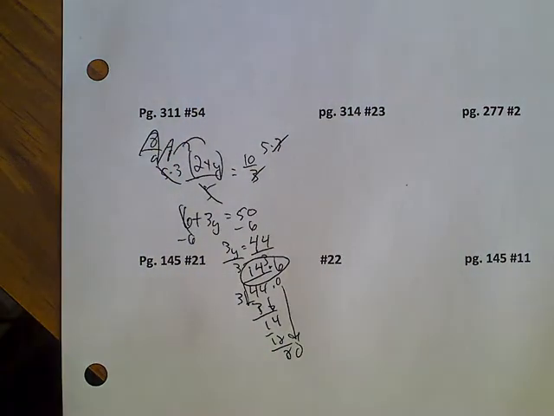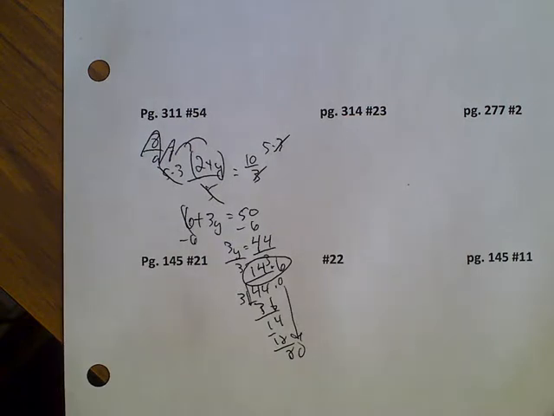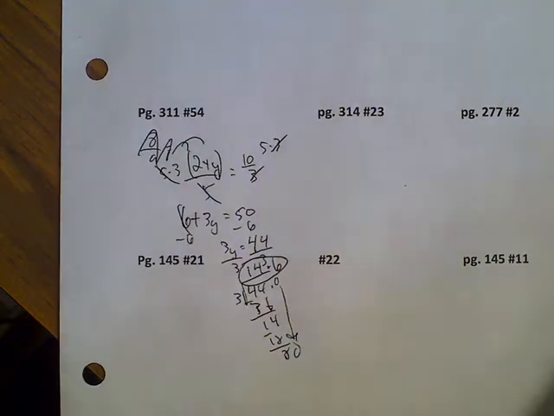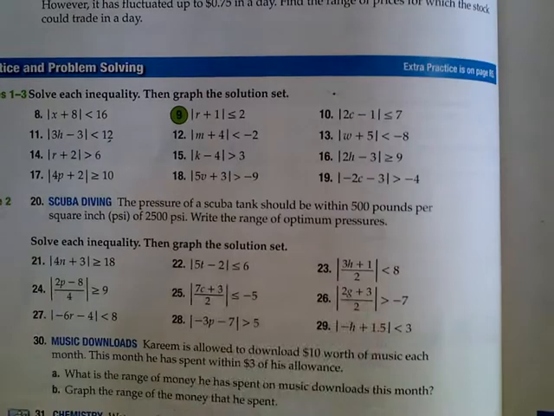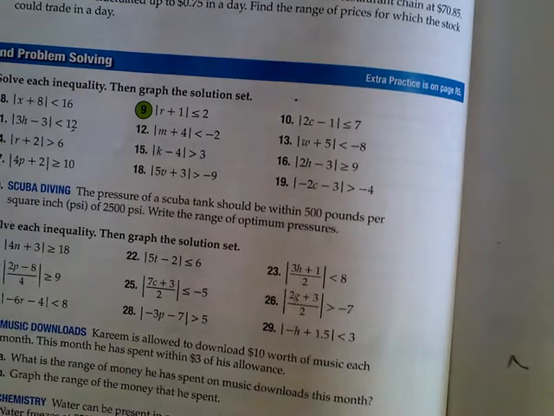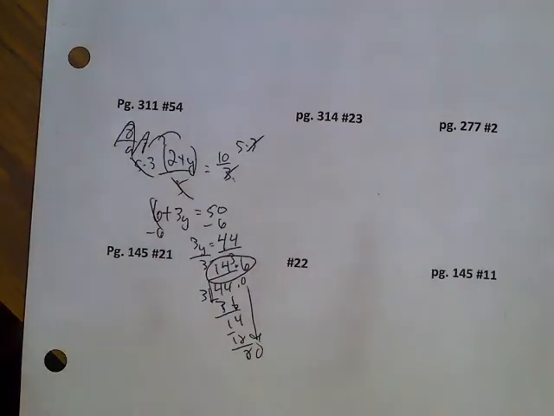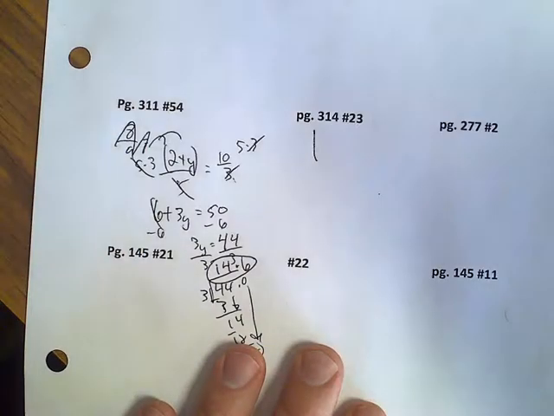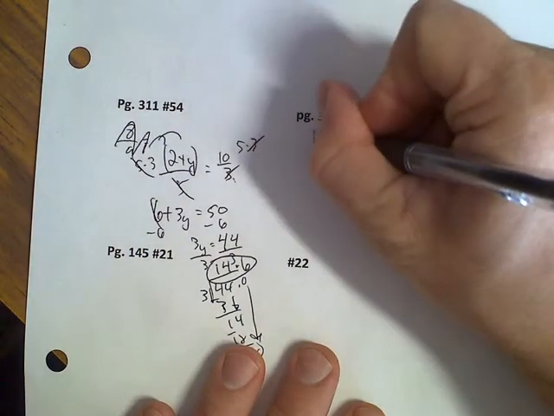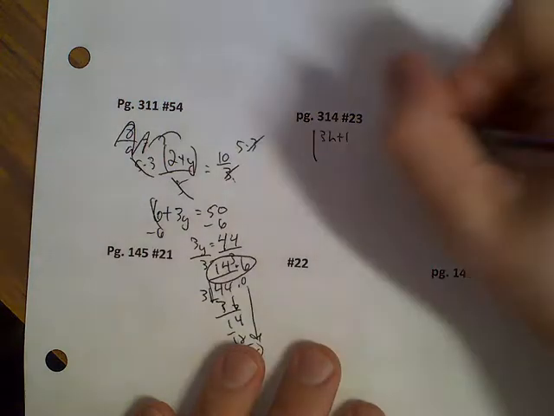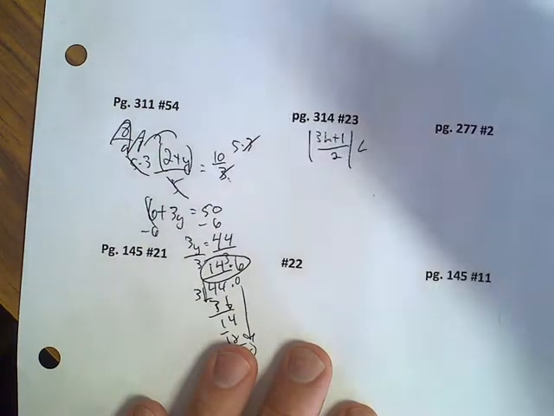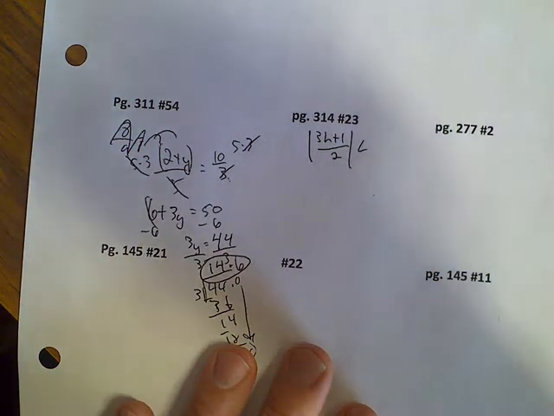Page 314, 23. So we have to go ahead and solve this problem, and then we have to graph it. So I have absolute value, 3h plus 1 over 2 less than 8.